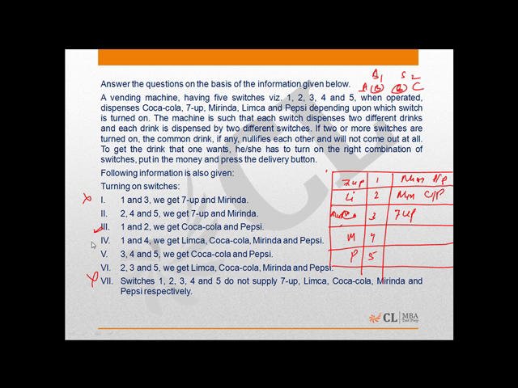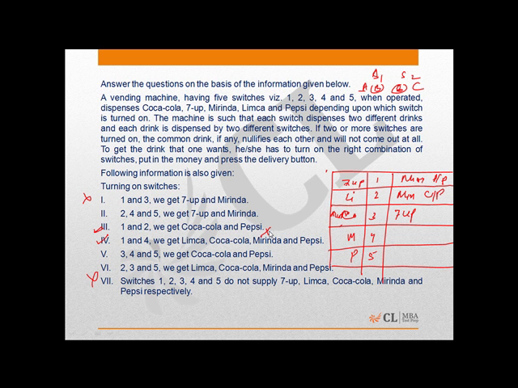Now moving to statement 4, in which it is given that when 1 and 4 are turned on, we get Limca, Coca-Cola, Mirinda, and Pepsi. From here we can observe that there is no drink common between switches 1 and 4, and as Mirinda is dispensed by 1 and 2, it will certainly not be dispensed by switch 4, as there are exactly two switches that dispense a particular cold drink.